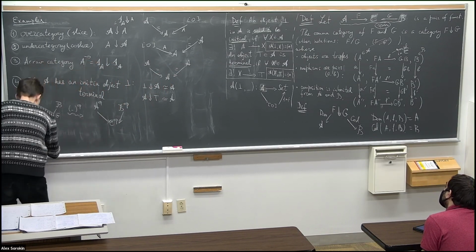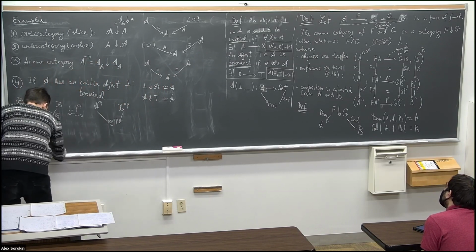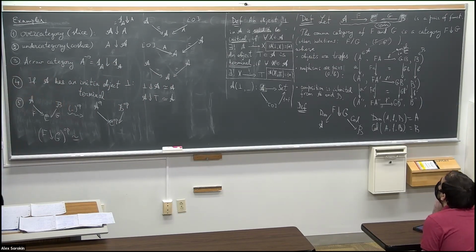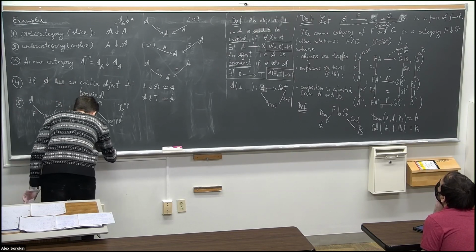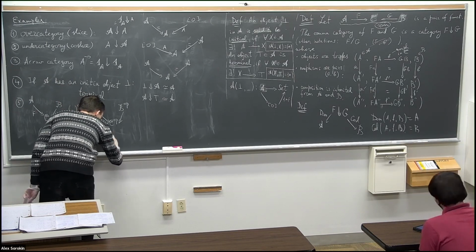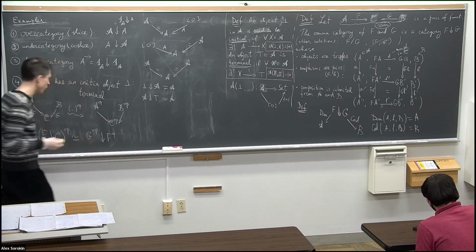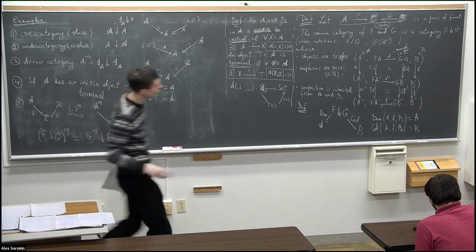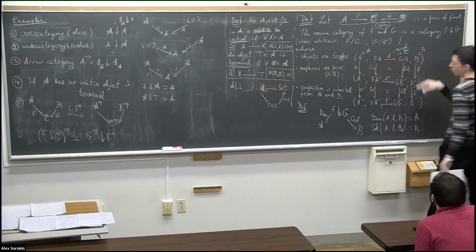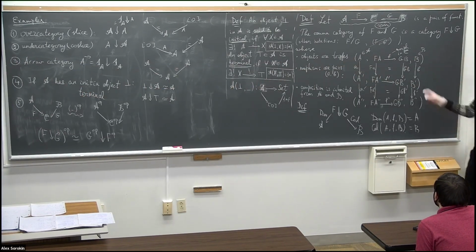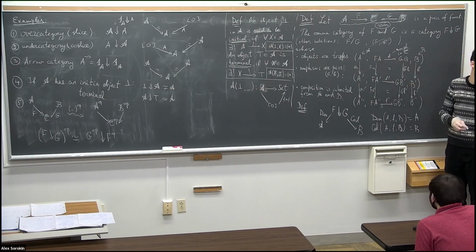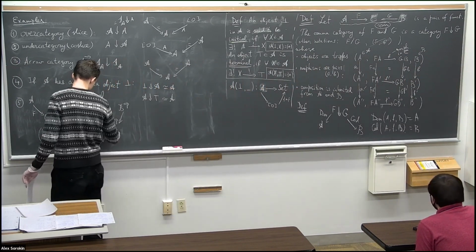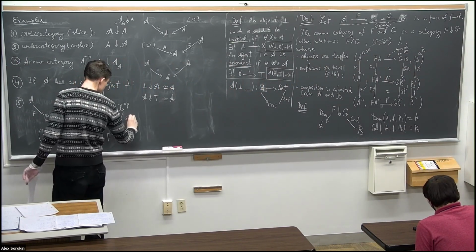The opposite of a comma category is a reverse comma category of opposite functors. You just need to switch the order of all arrows here, and you will see that the morphism will start from B and will end in A. Yes, I forgot to say here it's F^op, here it's G^op.